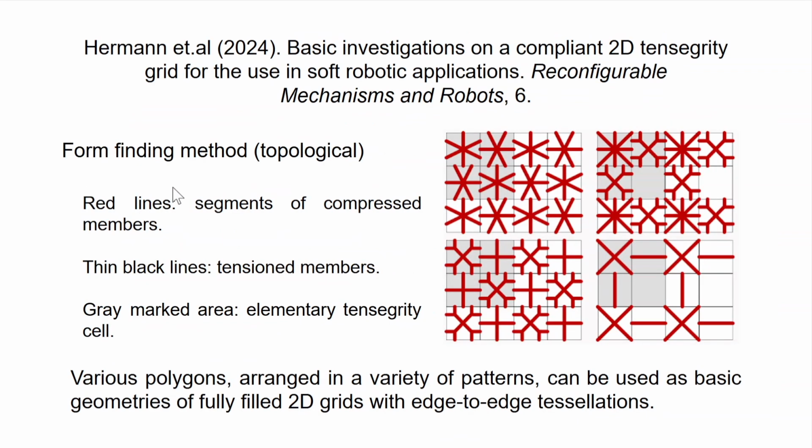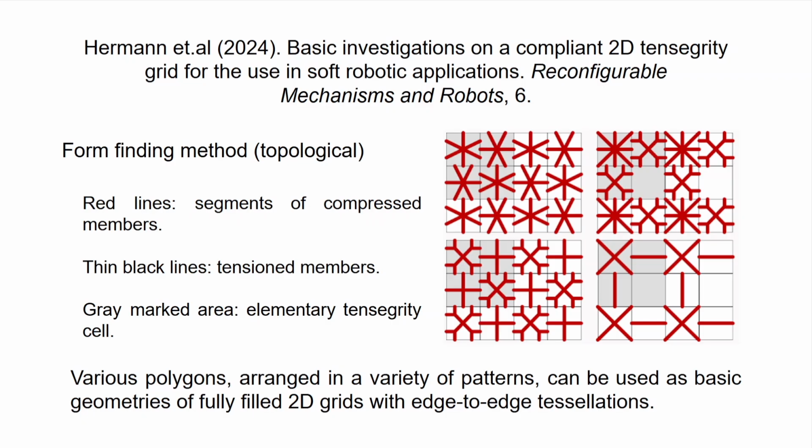Okay. So this is a paper, and this is from the field of embodied robotics. It's a computational technique, so I'm not going to talk about any math here. There's math underlying this, but the idea is we're going to do form finding, topological form finding, which is nominally static.